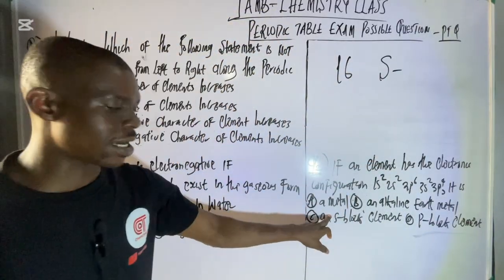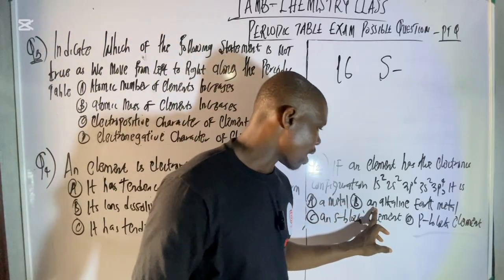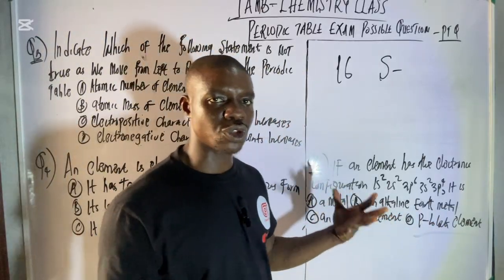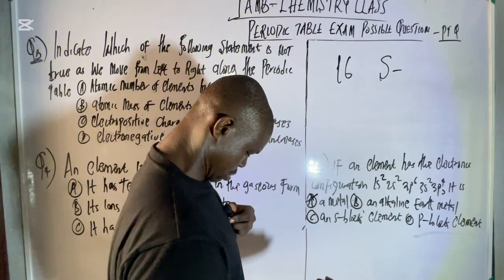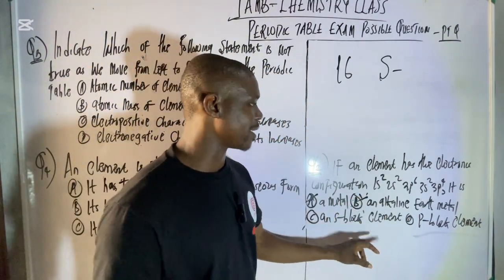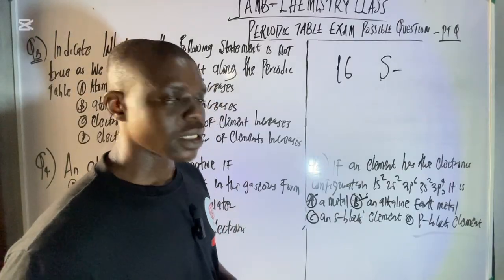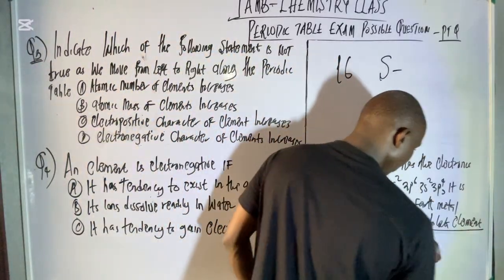Is sulfur a metal? Sulfur is not a metal. Sulfur is a non-metal. An alkaline earth metal? No, sulfur is not an alkaline earth metal. So these two options are wrong. An S block element? It is not an S block element. Sulfur is a P block element. So P block element is the answer.